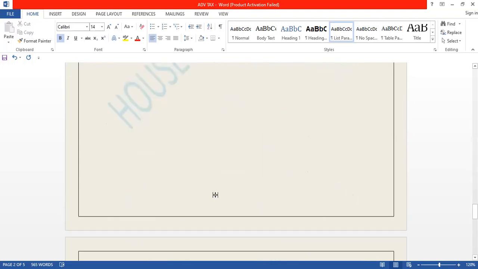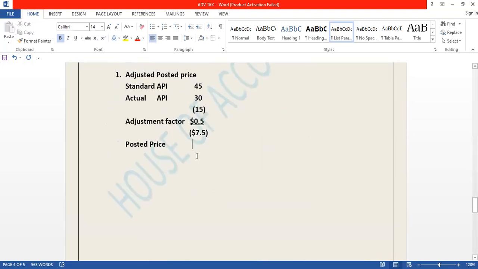So we need that $52 per barrel now. We are going to find the difference between this and this. Whatever we get is what we call our adjusted posted price, that is APP.